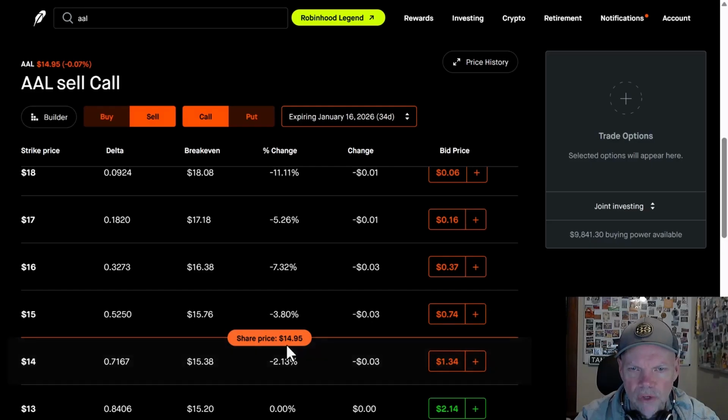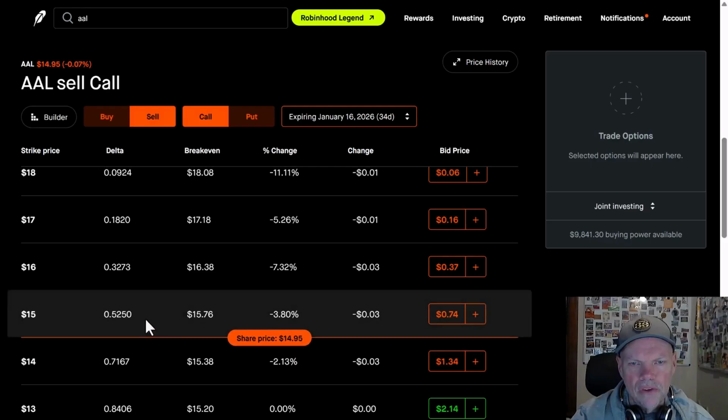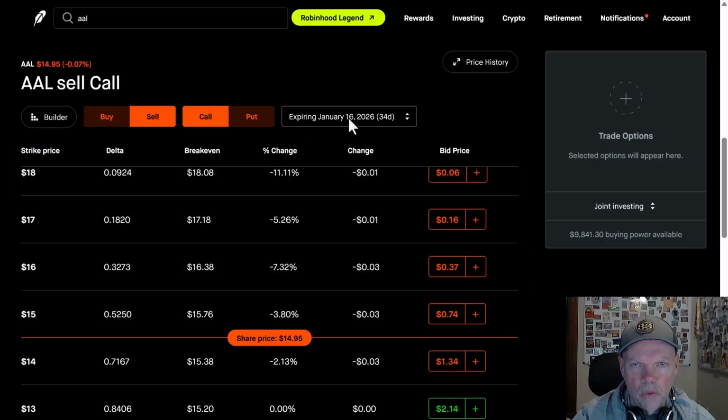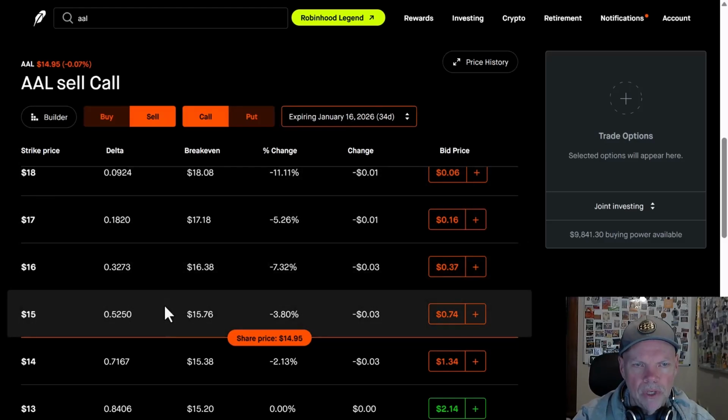Well, the price is at 14.95. So the strike price here is too close to the trading price. Now you could do that if you wanted to just make some premium plus sell the shares. That could work, but you're talking about waiting a month for that to happen. So probably not what we want to do.